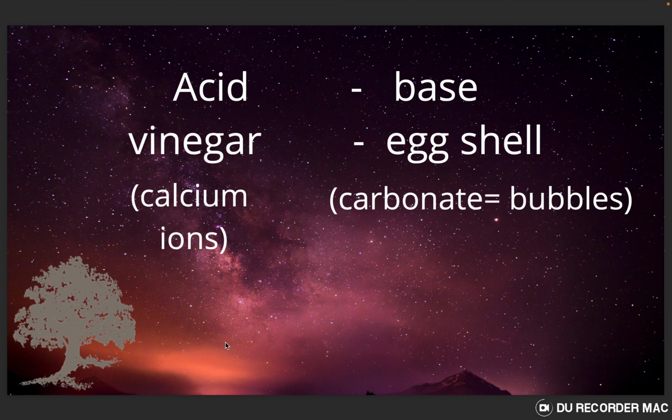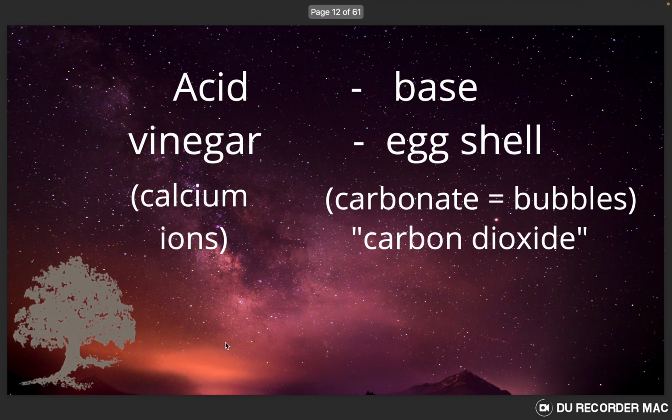The calcium connects to the ions in the vinegar, and then the carbonate stays here, at the eggshell.